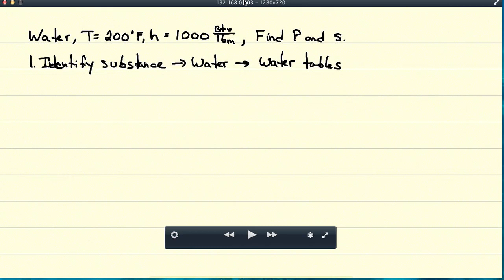So I build this step in there to make you pause and first think about what the substance is, so that you go to the right tables.